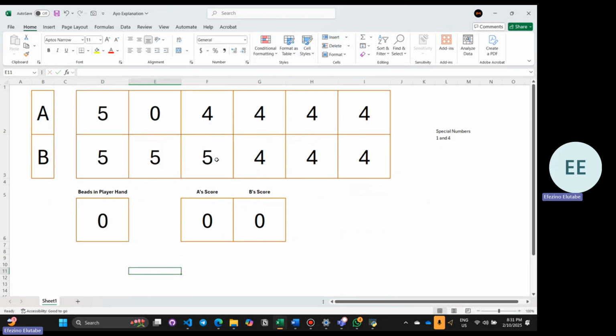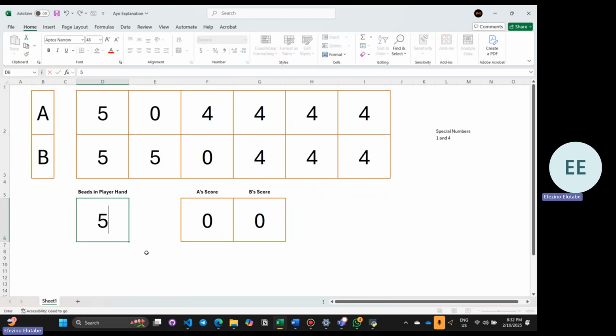Now, you have to take note of the number you stopped distributing on. If the number you stop on is not a special number, 1 or 4, then you have to continue distributing. So you take those 5 and distribute them.